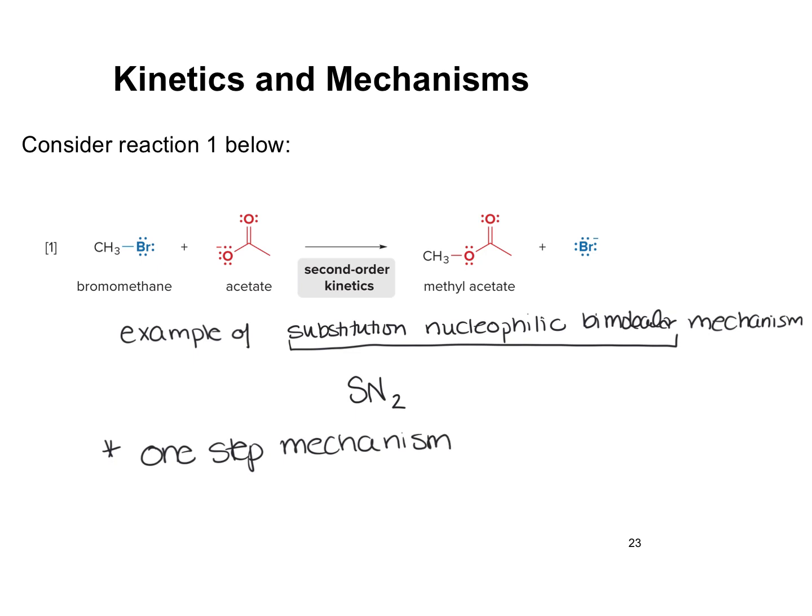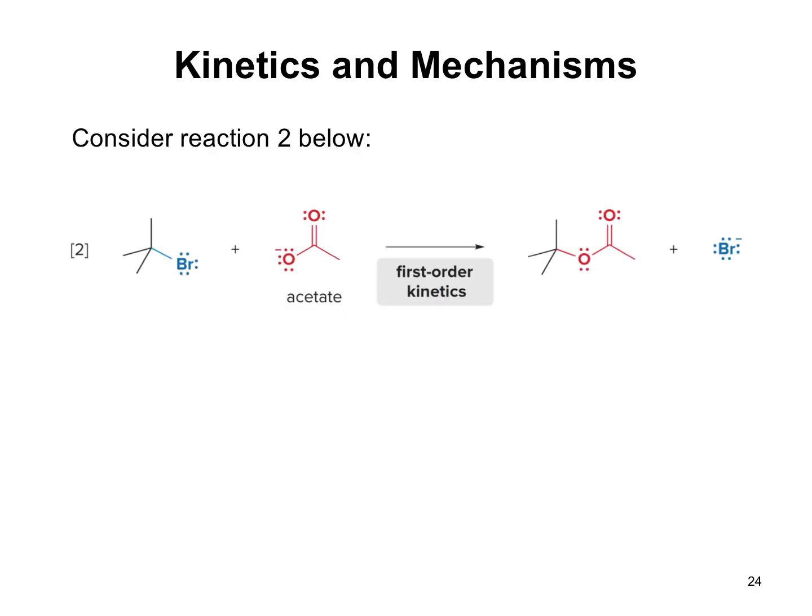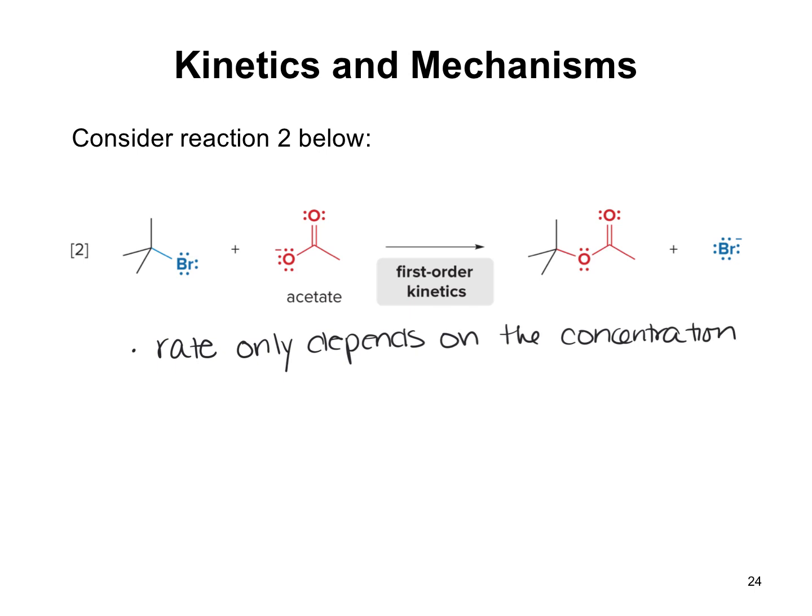Now, maybe the burning question in your heart is, hey, Dr. Pierce, what happens if it's first-order kinetics here? Well, if it's first-order kinetics, which is what we see here, then the rate only depends on the concentration of the alkyl halide, right?